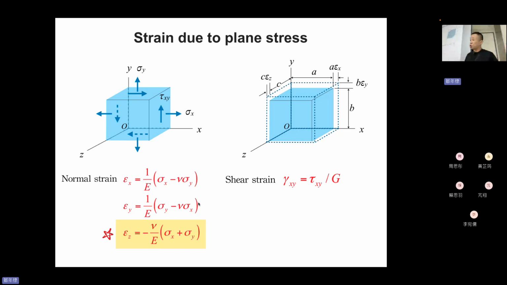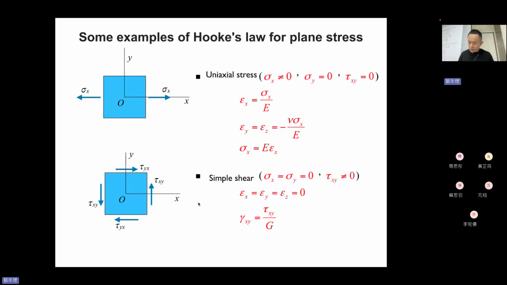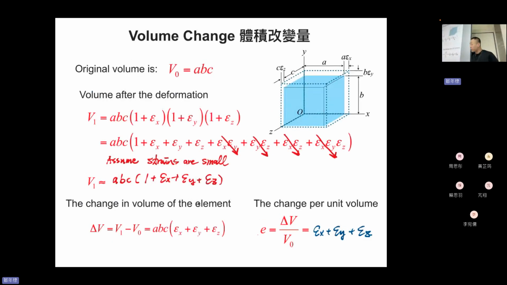They won't affect each other. Of course, in the real world they will affect each other a little bit, but in the mechanics of materials course, because they are all small values, we regard them as independent. And this is the special case we introduced in chapters 2 and 3.